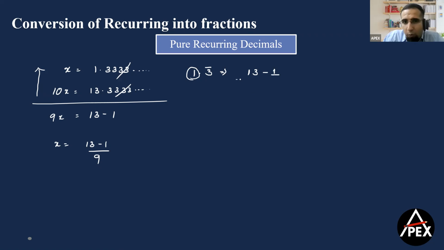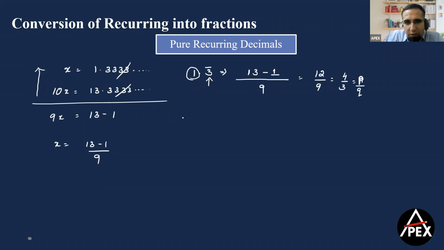Clear, guys? Now, when I come to the denominator, since only one digit is repeating, I will write 9 here. So this becomes a simplified form of the recurring decimal. So this becomes 12 by 9. Now 12 by 9 is nothing but 4 by 3. And 4 by 3 is in the form of p by q. Therefore, this is a rational number.